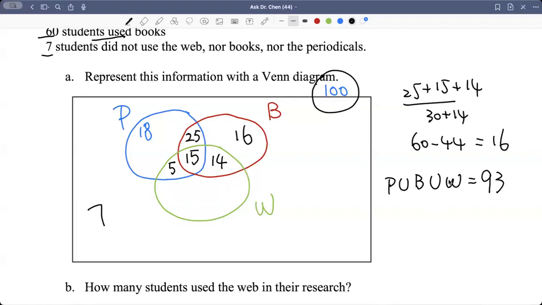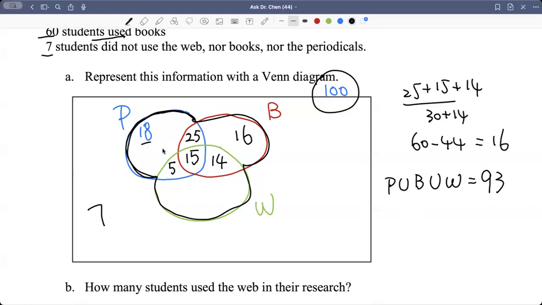So the union of P, B, W is 93. What is the union? Union is this. Follow the black color. All those. So let's add up all those.